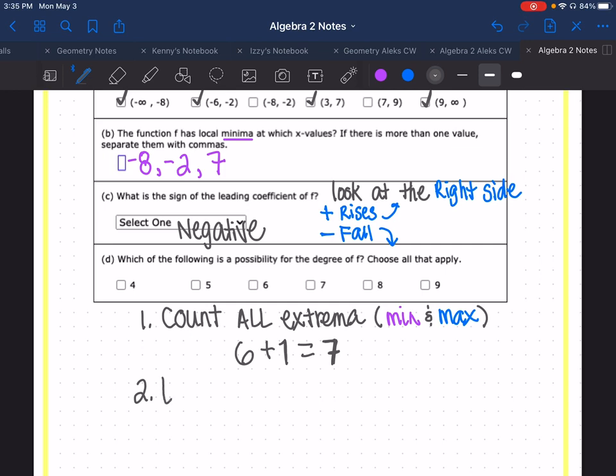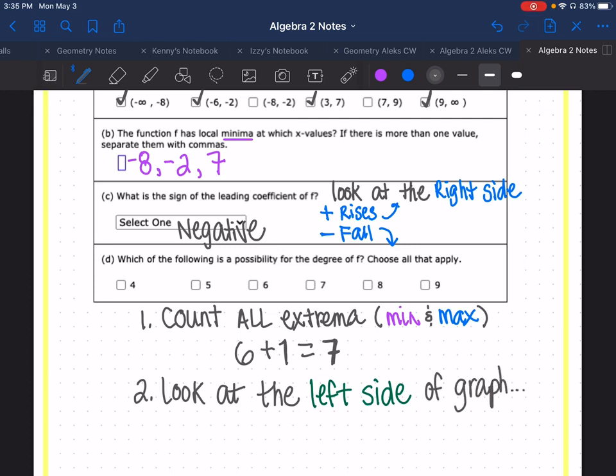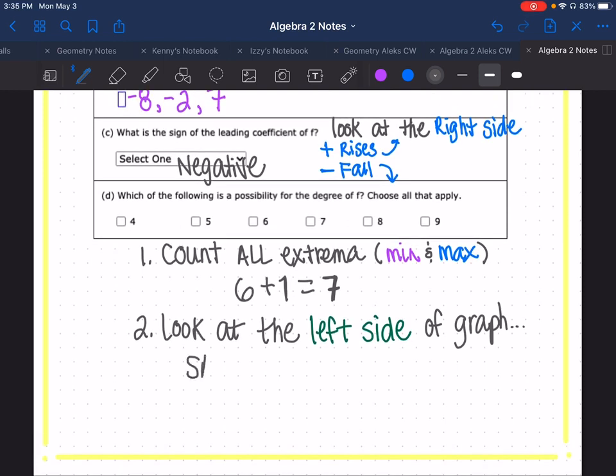Now go ahead, you're going to look at the left side of your graph. You want to look at the left side because you want to compare it to the right side. Is it doing the same? Is it doing different? If it is doing the same, then you have an even degree.